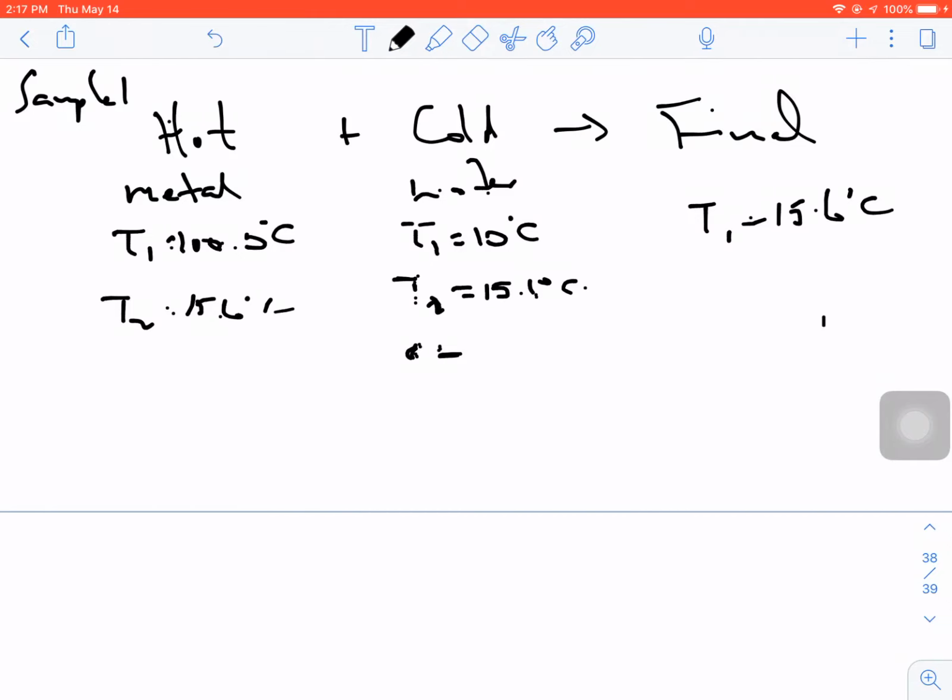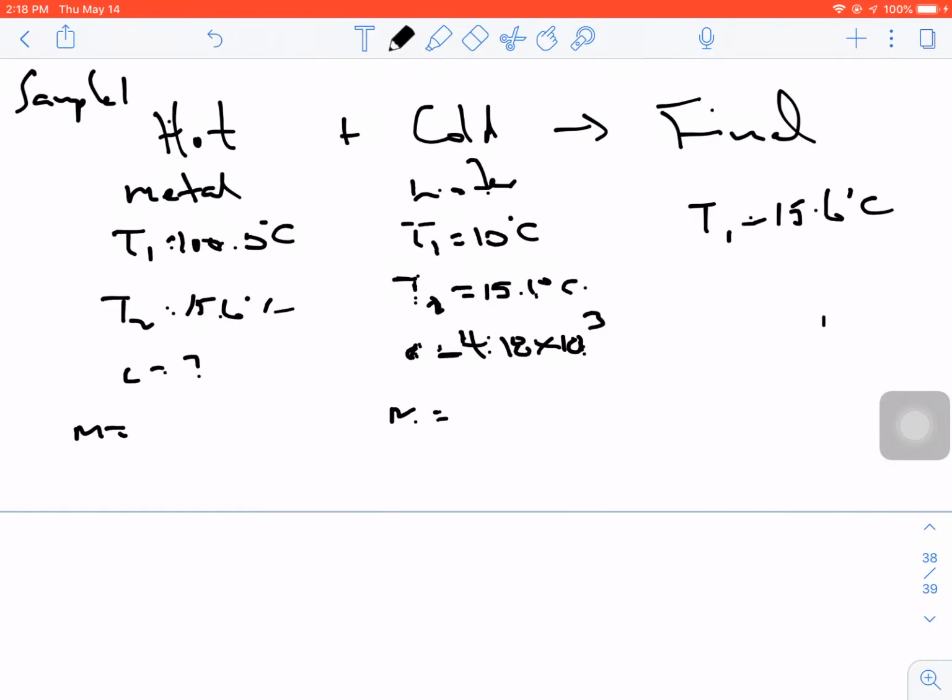I know the C value for water. The C value for water that our textbook is using is 4.18 times 10 to the power of 3 joules per kilogram degree C. The C value over here is unknown. What else do I know? I know the mass of water, and I know the mass of my metal that I'm going to cool down.